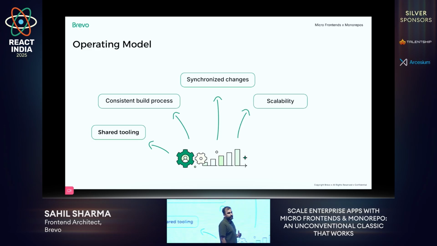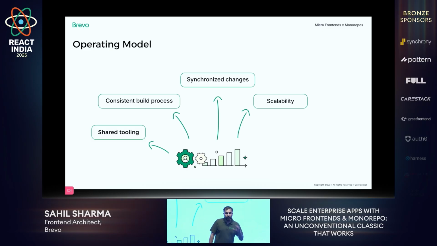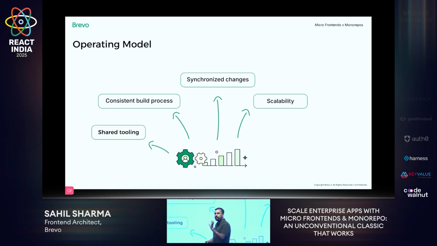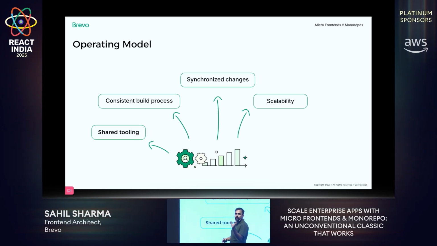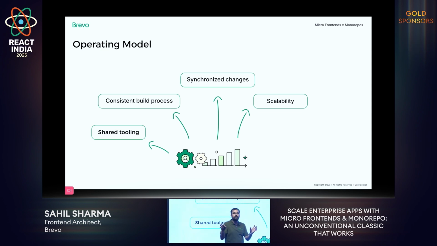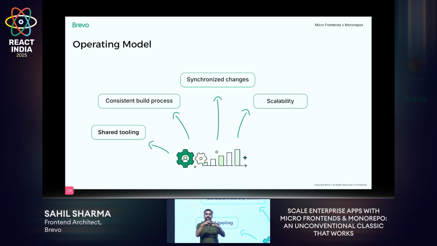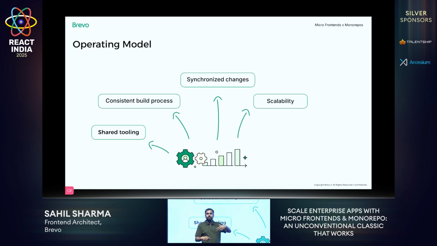Fourth is scalability. Monorepos are very scalable because each and every piece is together, plus it has its own workspace. So if you want to scale an individual piece, you can scale it separately without affecting the other parts of the application. We are not able to do that in a monolith because everything is very tightly coupled. You are not able to scale an individual piece.